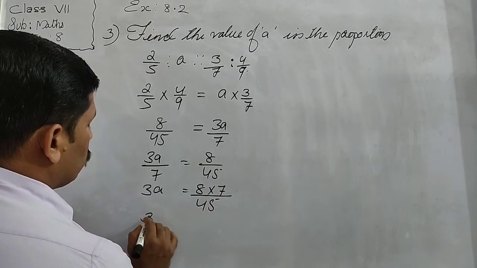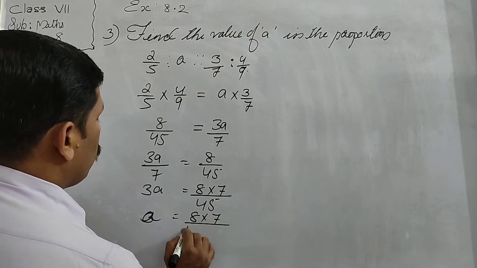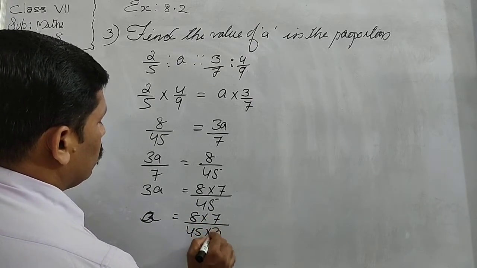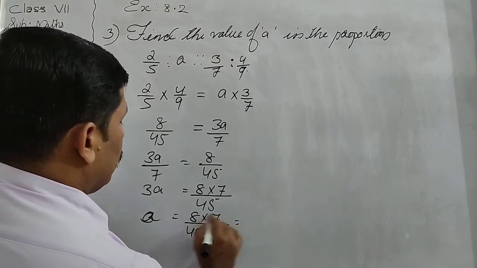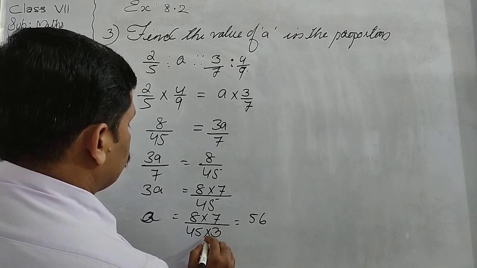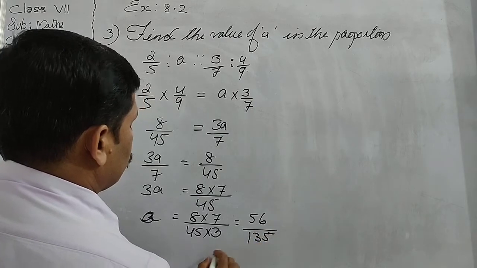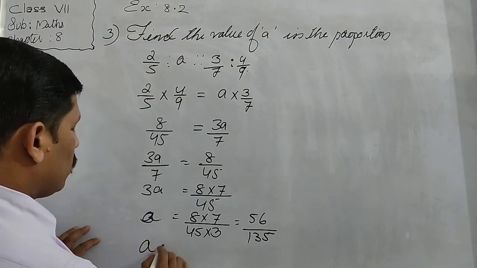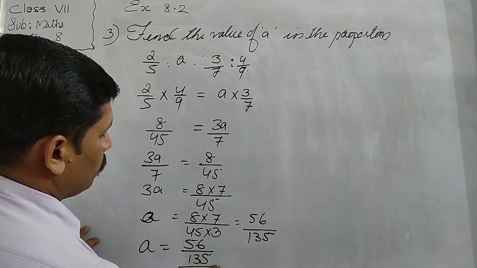Therefore, A is equal to 8 into 7 upon 45 into 3. Here we cannot cut any numbers, so we multiply. 8 7s are 56 and 45 3s are 135. So A is equal to 56/135.